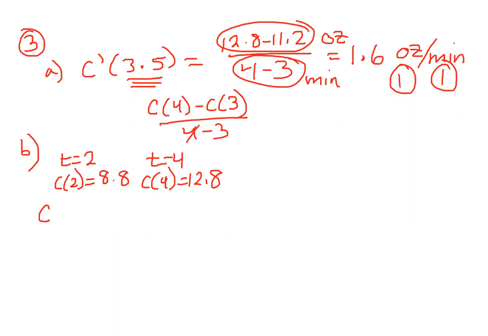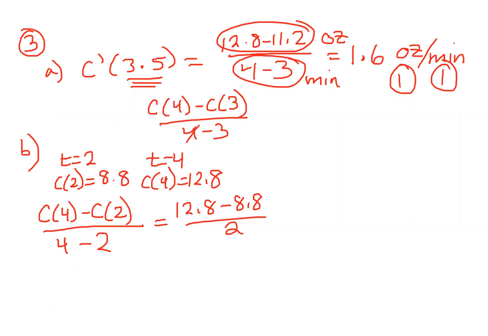So if we look at the slope between these, I did that wrong. We're going to get 12.8 minus 8.8 over 2, which equals 2.